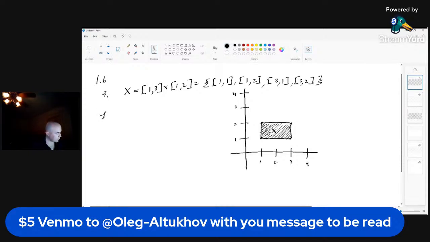Okay. Let y equal... actually they didn't use curly, so we're not going to do that either. So this is for my own convenience. I'm going to order the set.